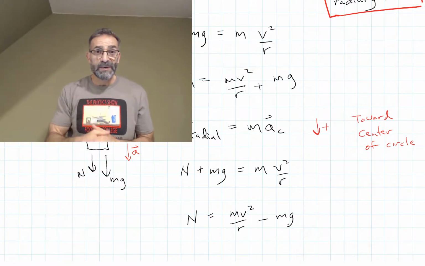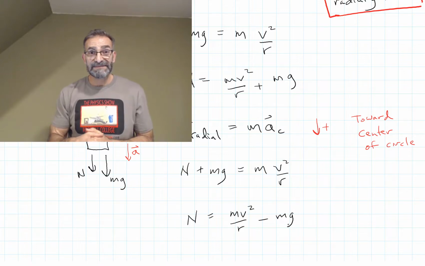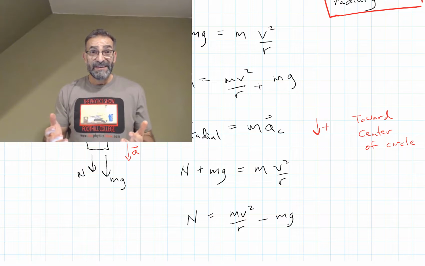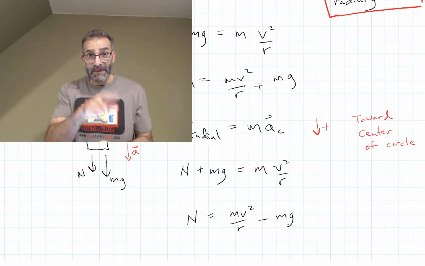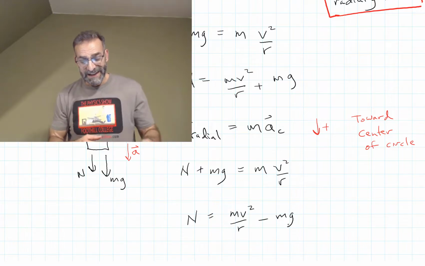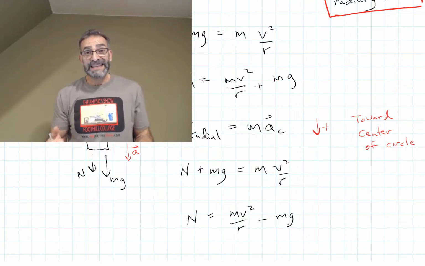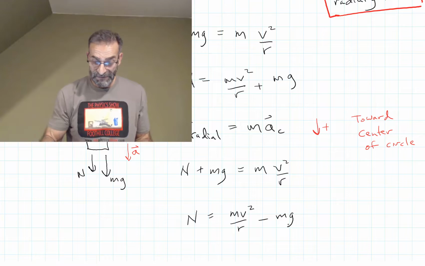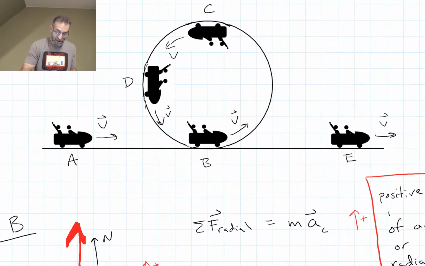What happens if we go less than that? If we slow down even more? Then we spiral inward. In other words, the car falls off the track. It's not going fast enough for circular motion. So if we slow down too much, the car does this.